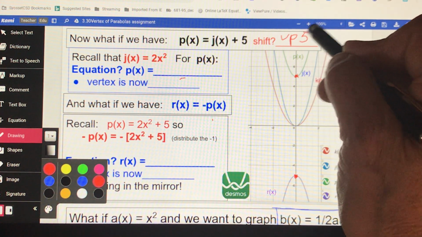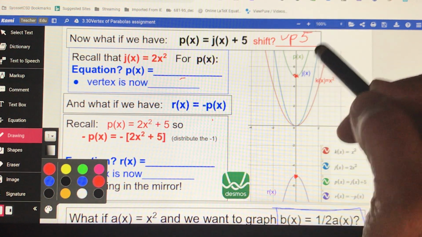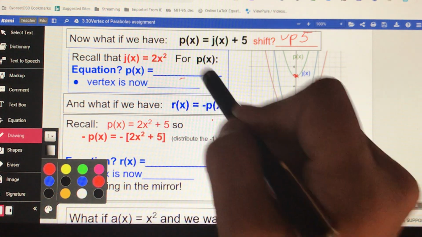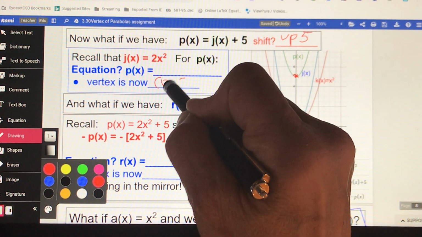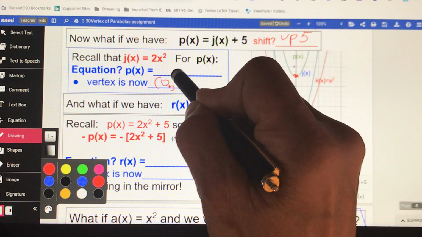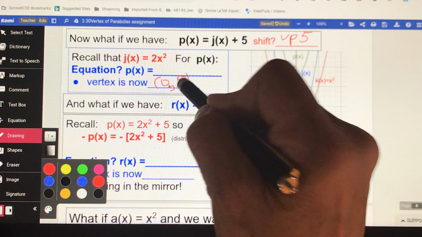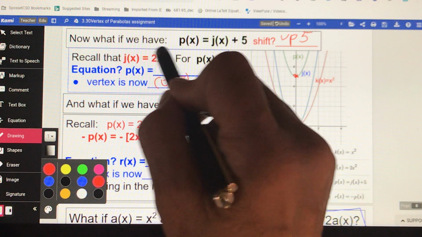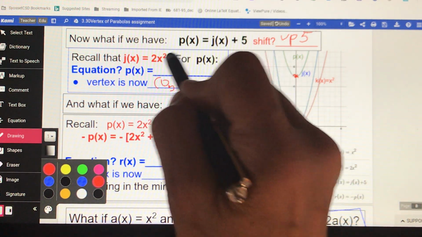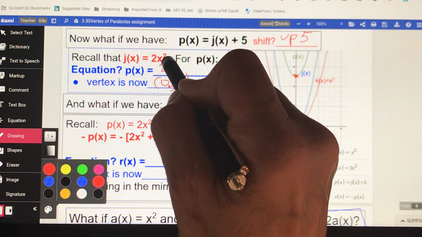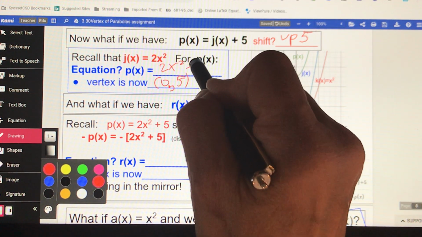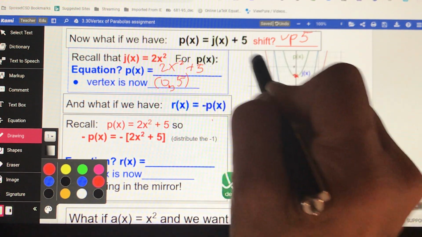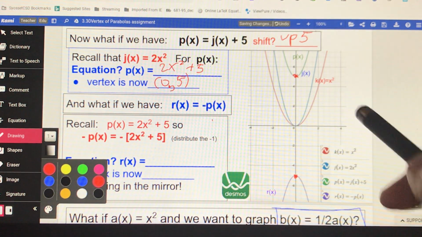And if you notice, the vertex changes to, instead of 0, 0, it moves up the y-axis. So it is now 0, 5. And the equation is going to be p of x equals 2x squared, the original j of x, plus 5. Translation, up the y-axis, 5 units.